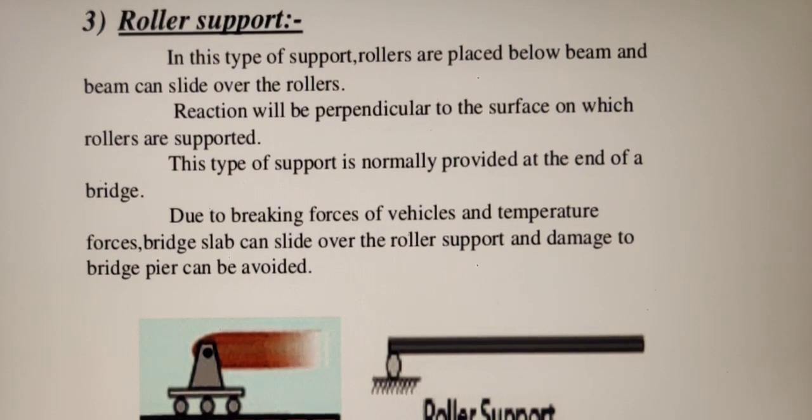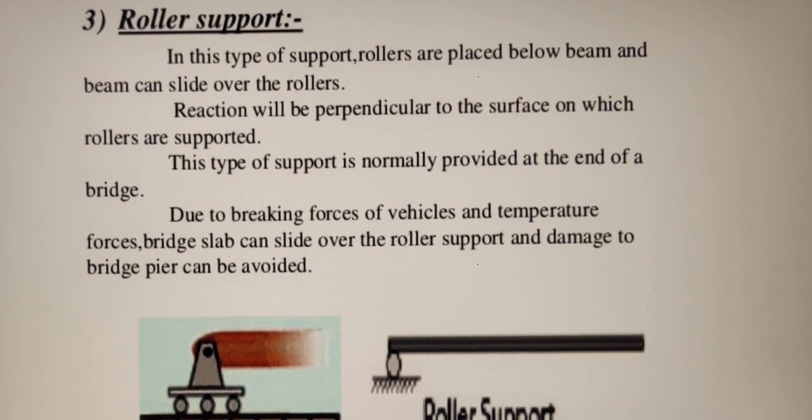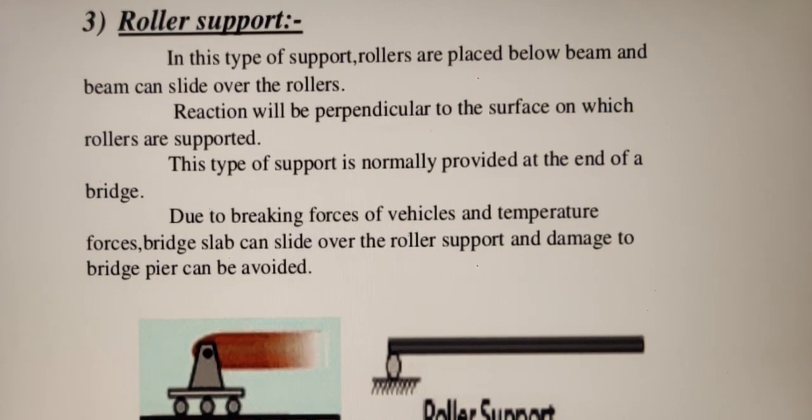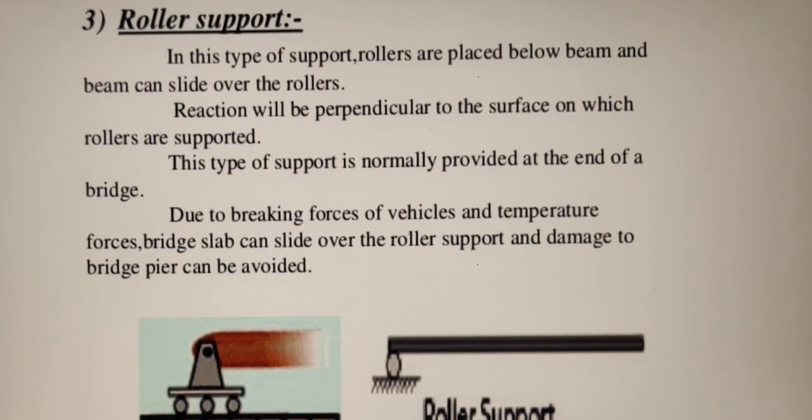Bridge pier means it is the support provided for the bridge deck. So the bridge pier may get damaged if we are not providing a roller support on one end.